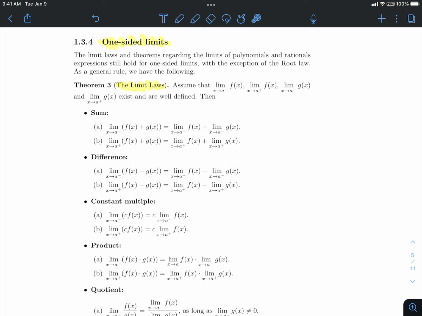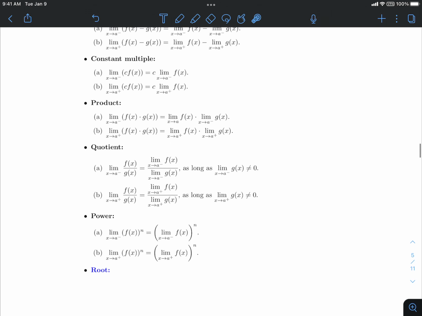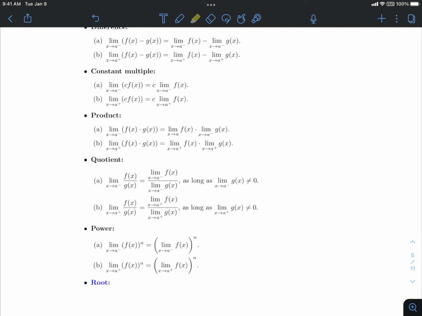As long as the limit from the left of f and g exist, then you can apply the sum rule, the difference rule, the constant multiple rule, the product rule, the quotient rule, and the power rule. Again, with the one care to take when the denominator of a quotient equals 0 or approaches 0. You're not supposed to have that.